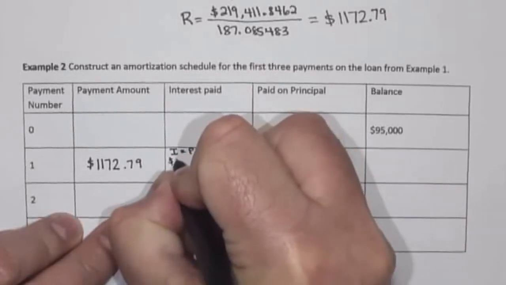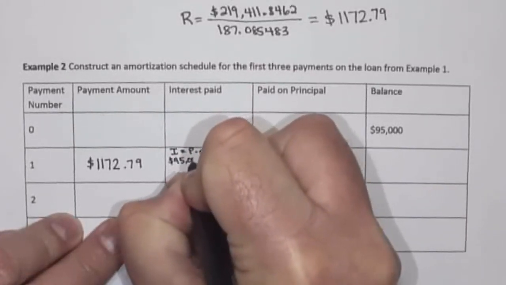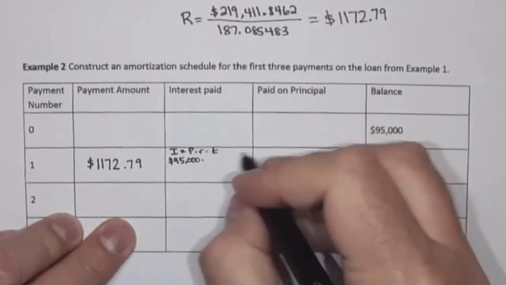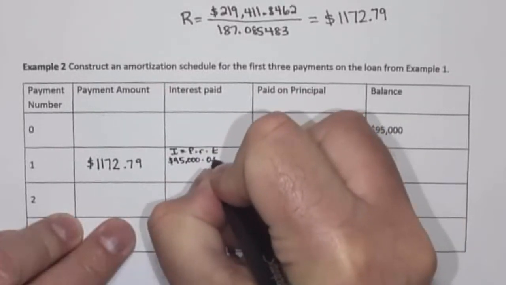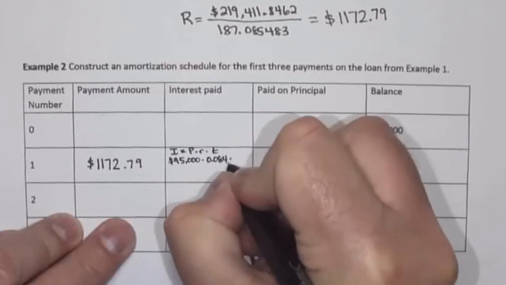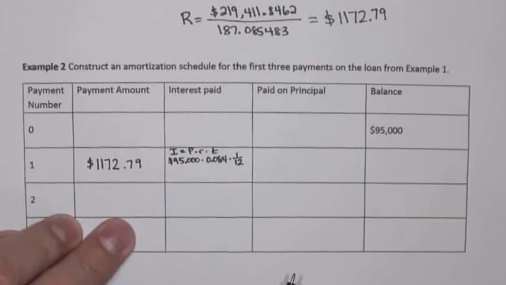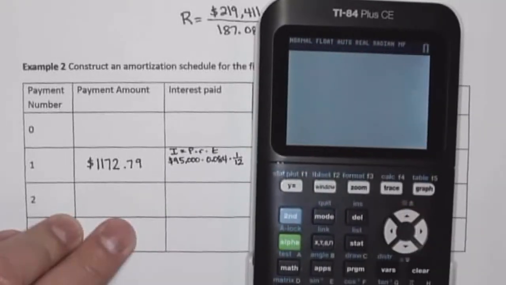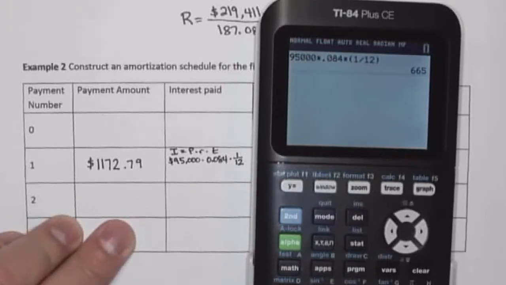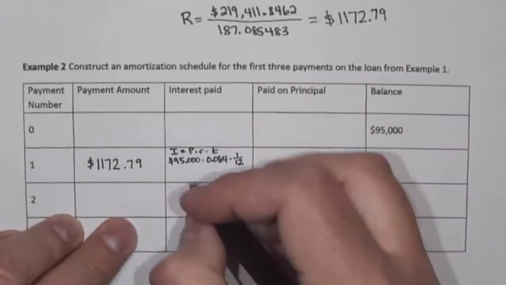So we're going to take $95,000 times the interest rate, which is 0.084, times the time. This is a 1-month period, so that is 1/12 of a year. So that's what we're doing here. So if I bring in my calculator, 95,000 times 0.084 times 1/12, that is $665.